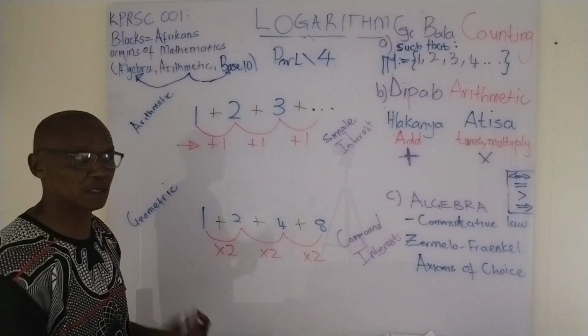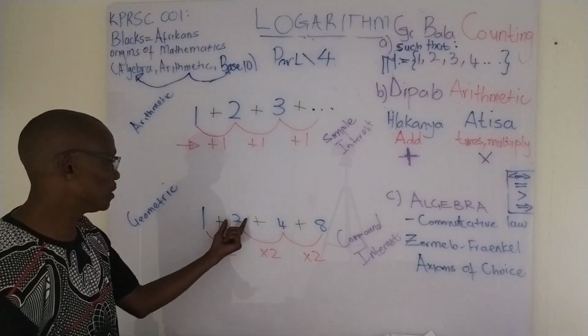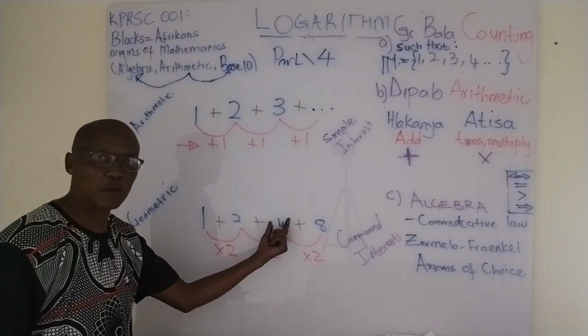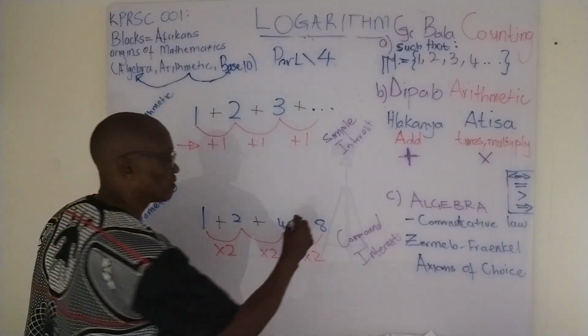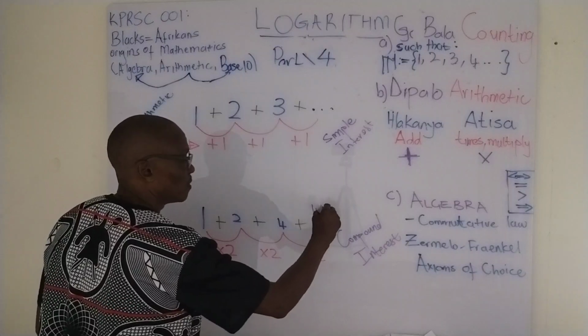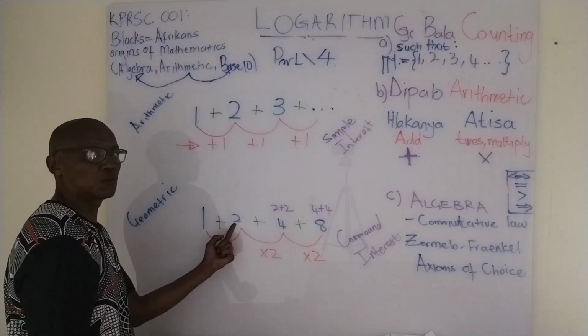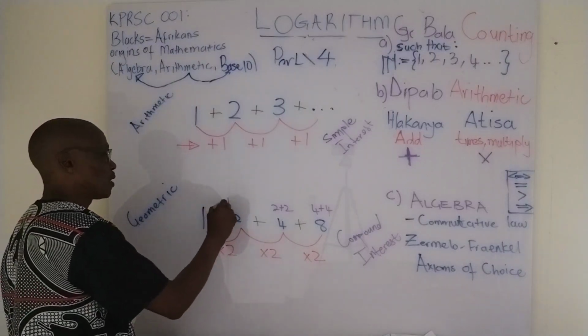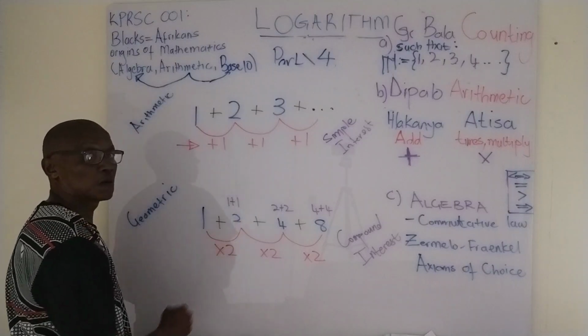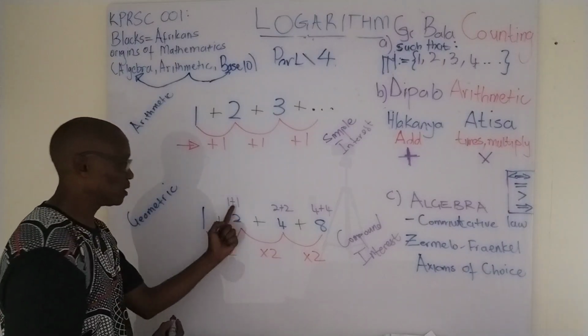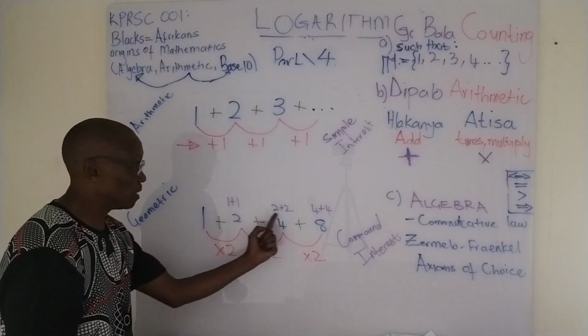You're bringing, and then you're doubling this guy, and then you're doubling this guy. Literally, this is 4 plus 4. Literally, this is 2 plus 2 because you doubled 2. Literally, this is 1 plus 1 because you doubled it. That's what you mean by doubling.